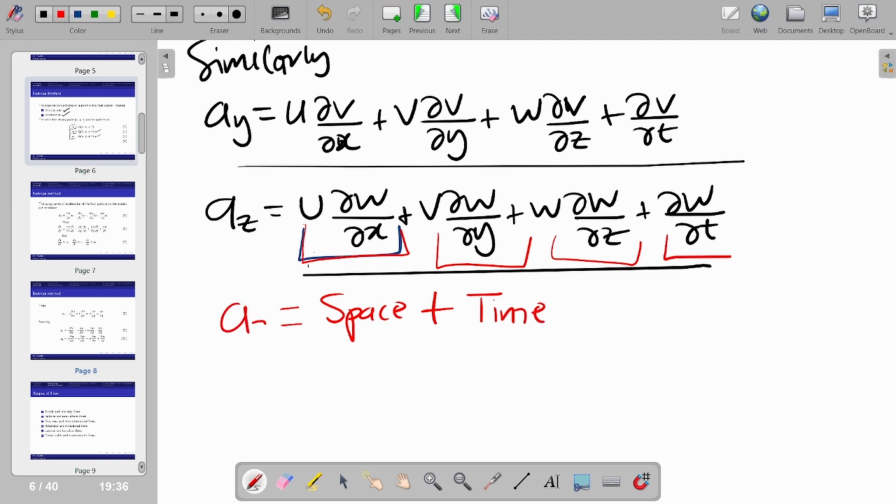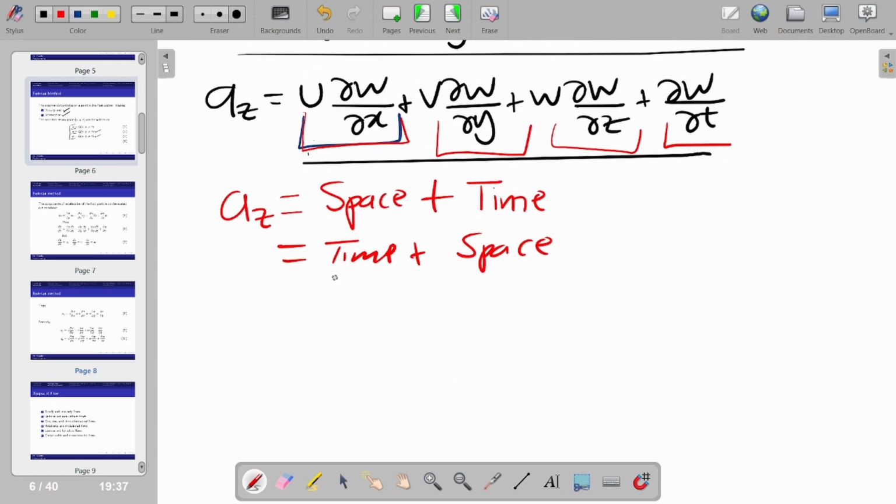So acceleration actually has two parts, the spatial part and the time part. The time part is known as the local acceleration.